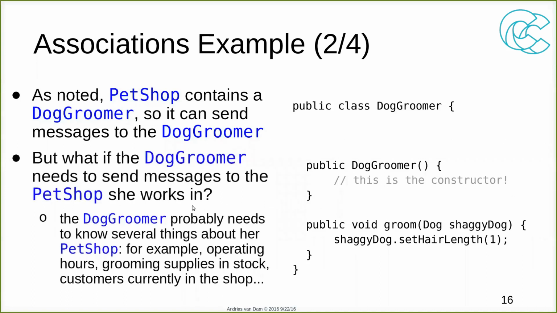Now there should be an instance variable here. I think that has been skipped because of the lack of space. So the first thing you do here is create an instance variable, let's say dog. If you want to make dog an associate of dog groomer, you create an instance variable of dog here, and then within this constructor you don't instantiate the dog; you simply pass in the reference and assign it.